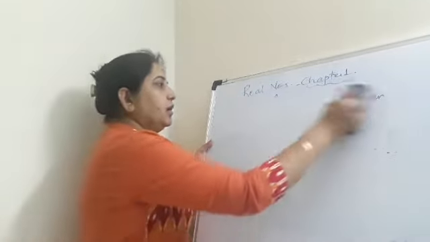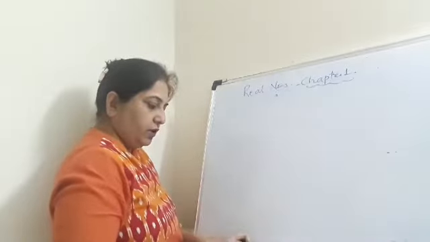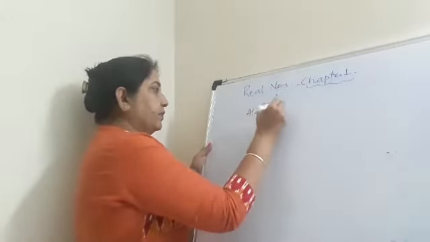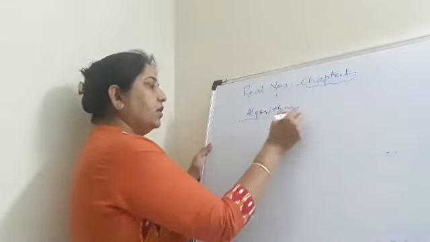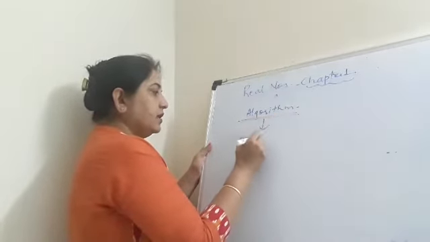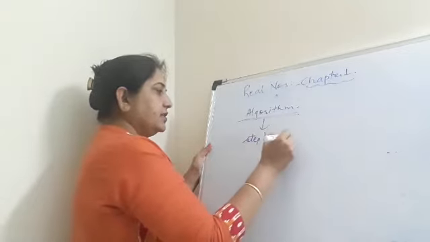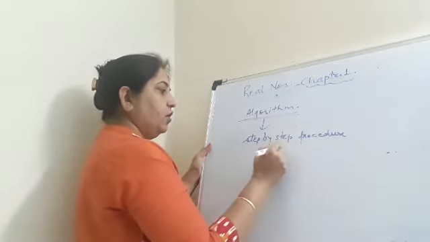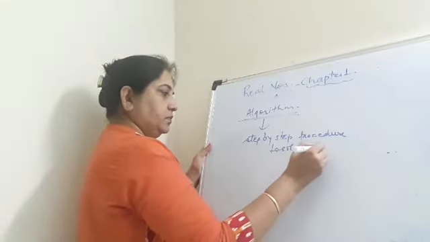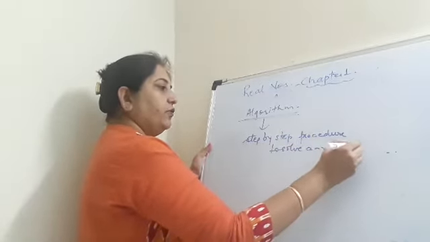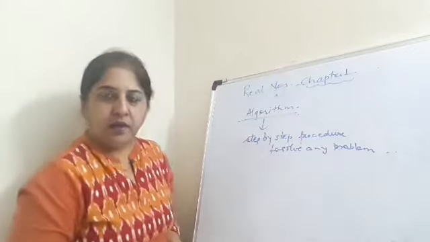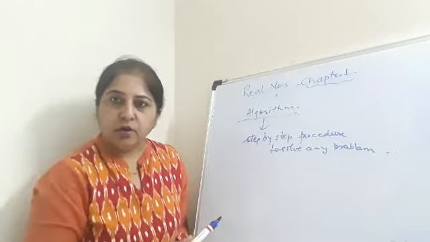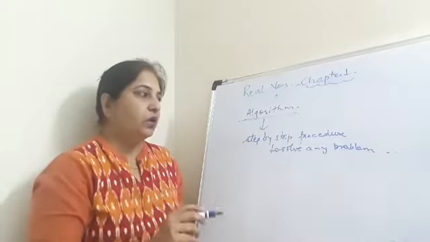Before going to that, do you know what is algorithm? Yes. What is algorithm? Algorithm means a step by step procedure to solve any problem, or to perform any task.